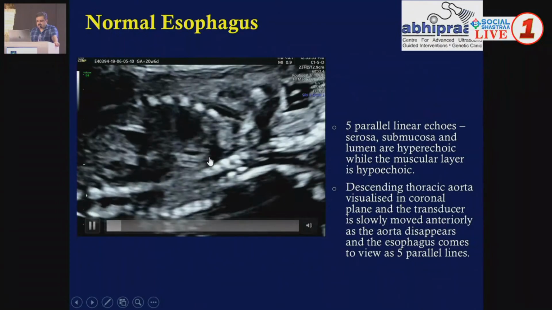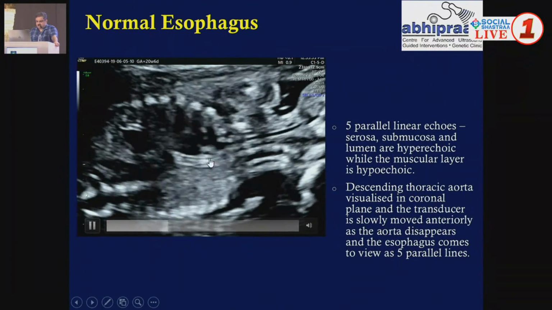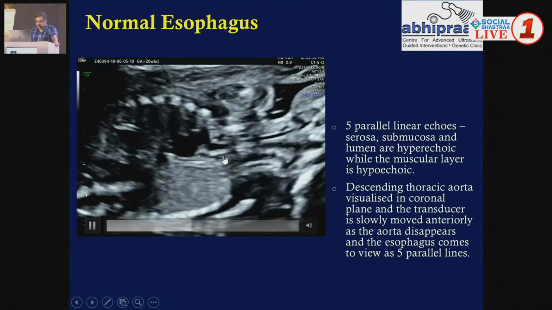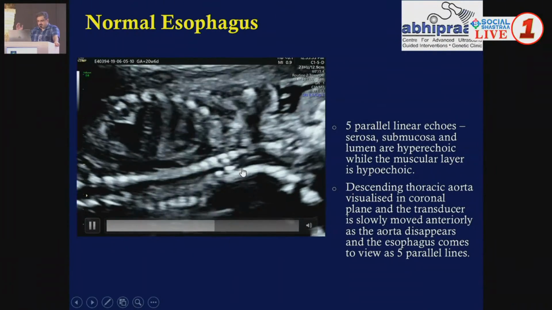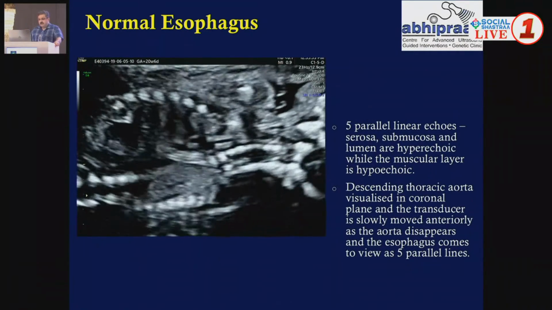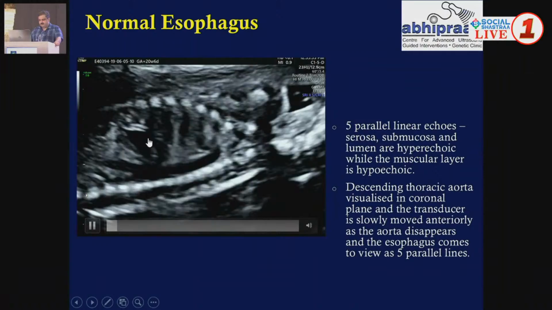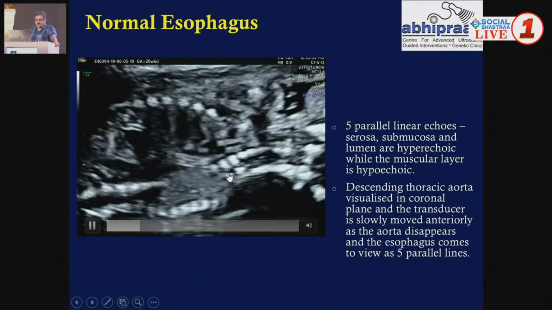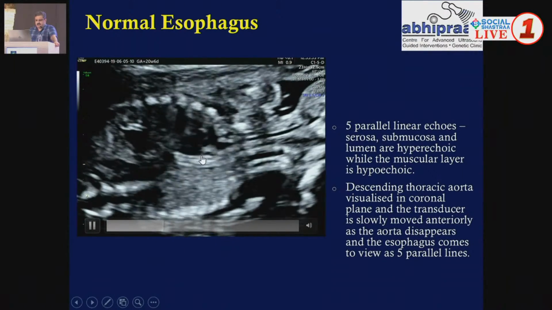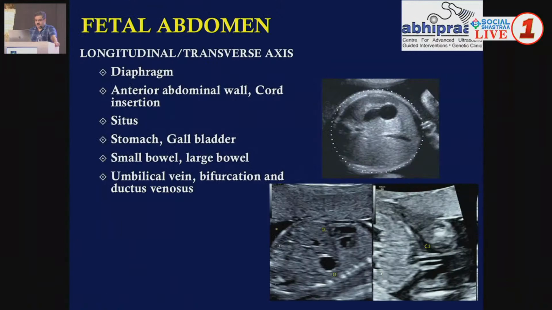As the aorta disappears, you see this 5-layered structure, and that is the collapsed esophagus, which is seen as you lose the aorta and come anteriorly in the coronal plane. So that's where you look for the esophagus, behind the heart, anterior to the spine, and you will see the collapsed esophagus as 5 parallel linear echoes.